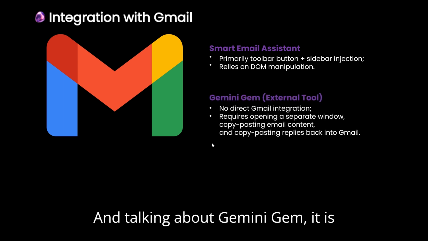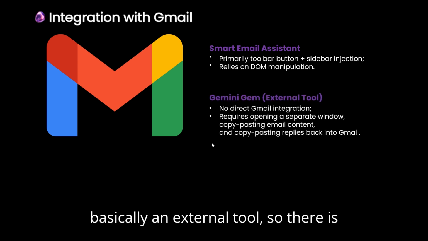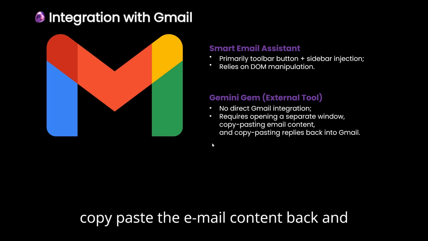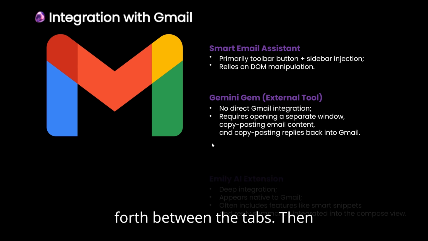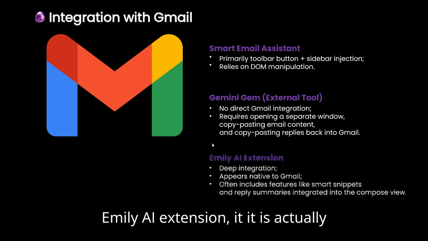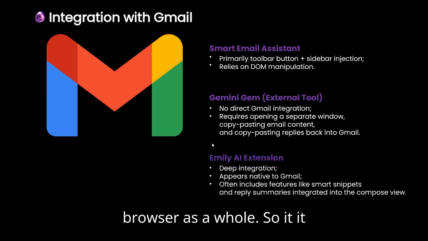And talking about Gemini Gem, it is basically an external tool, so there is no direct Gmail integration. It requires us to open a separate window and then copy paste the email content back and forth between the tabs. Then when we talk about the Emily AI extension, it is deeply integrated with the entire browser as a whole.